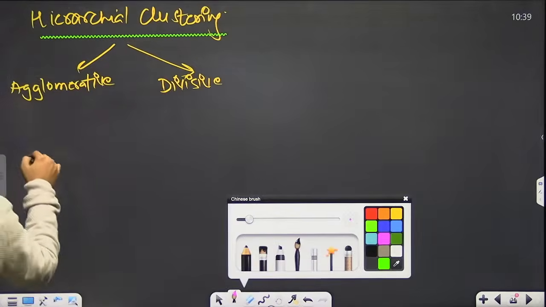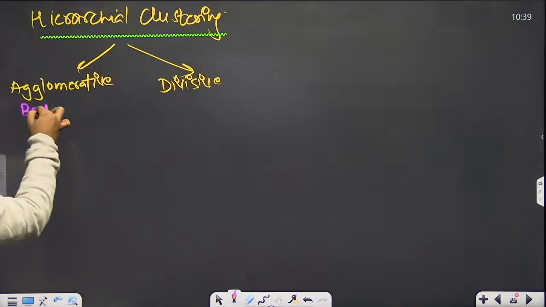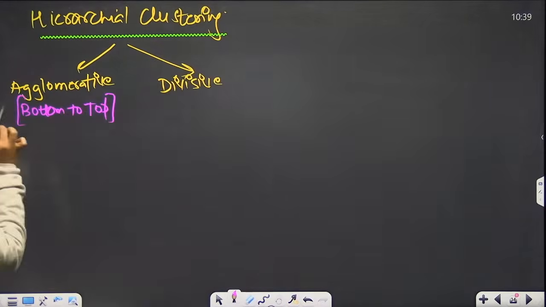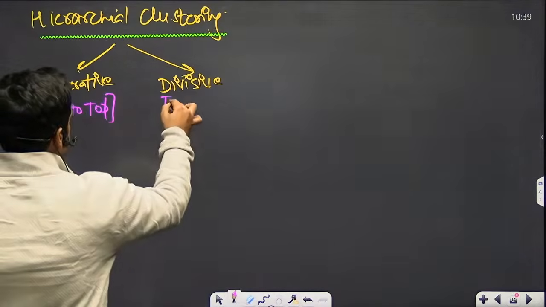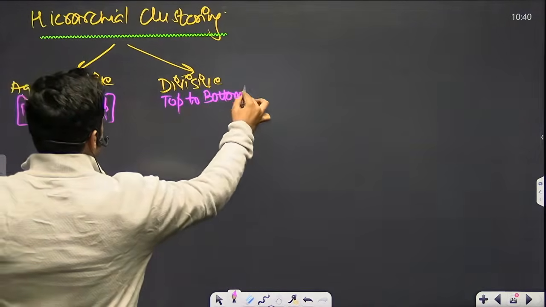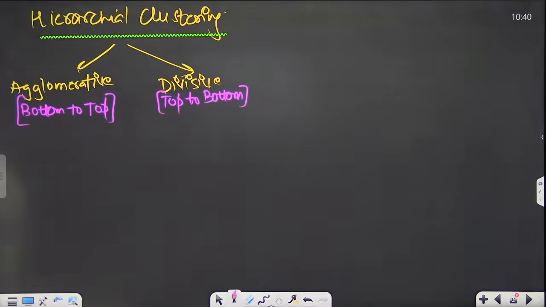Agglomerative is also known as bottom to top. And what is divisive? It is top to bottom. Divisive is known as top to bottom.